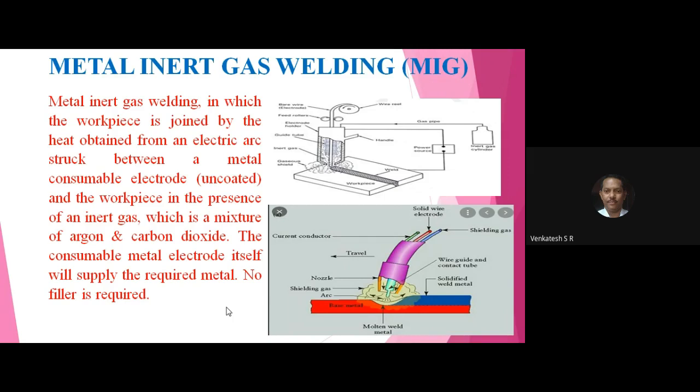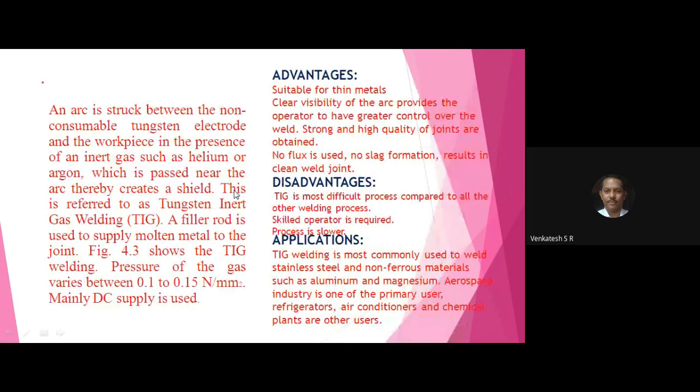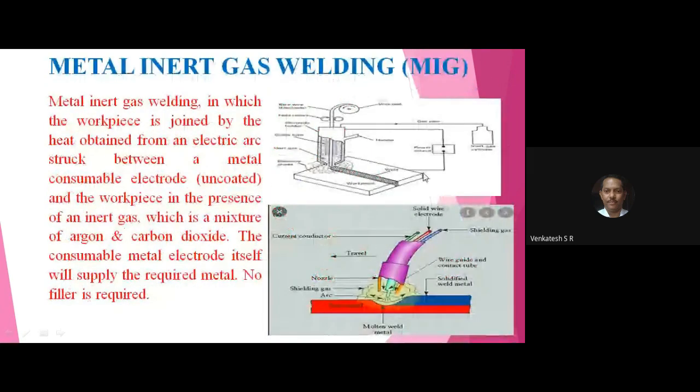The difference from TIG welding: you are using the straight tungsten electrode, but in metal inert gas welding you are using a coil of electrode. In TIG the electrode is non-consumed, but here the electrode is consumed.